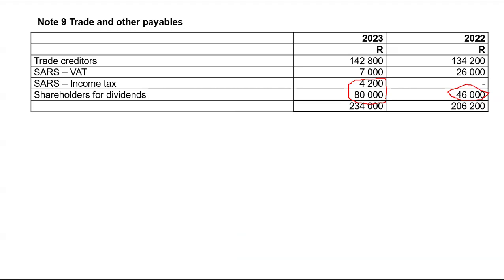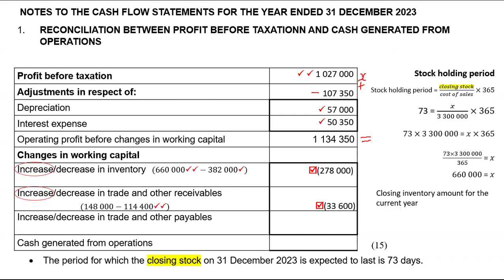So let's just quickly do that. So you will put that in your trade and other payables, which is a decrease. And as I've said, a decrease will result in a cash outflow. Okay, it gives me 160 here. What did I get wrong?